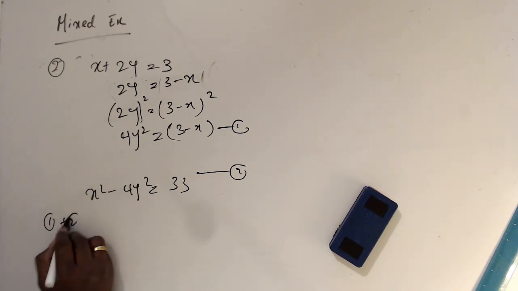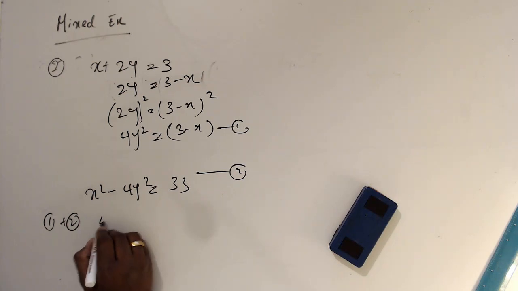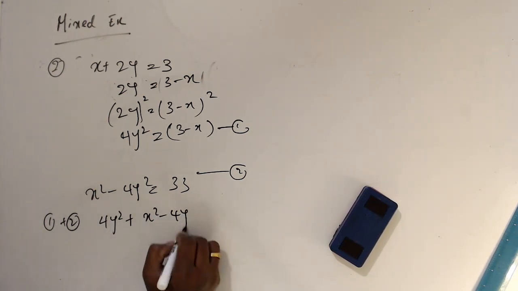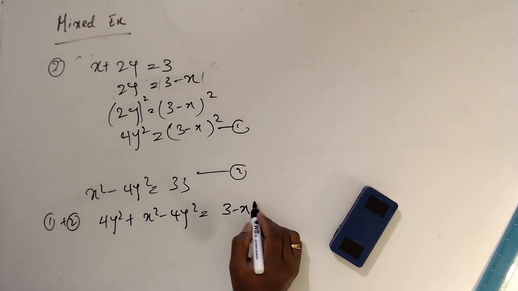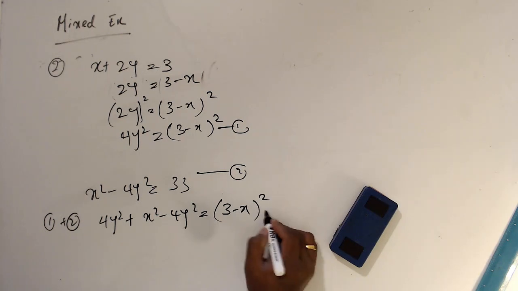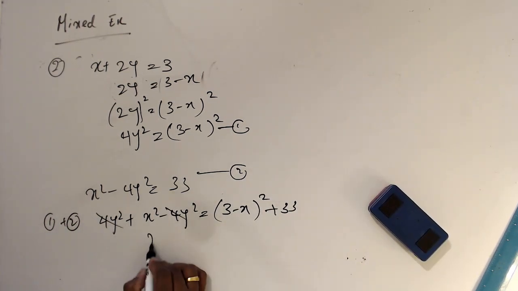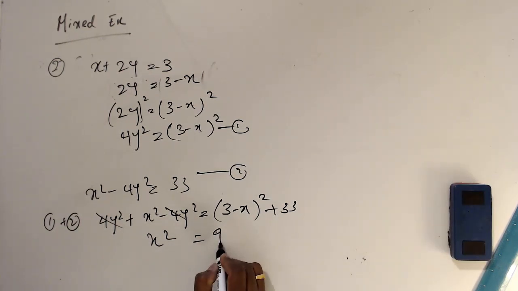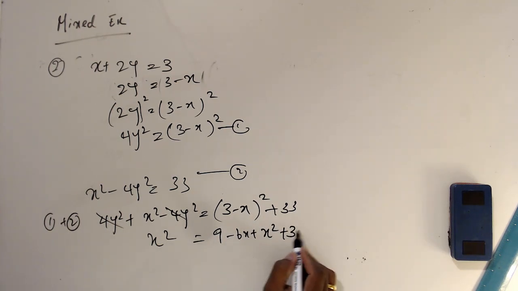Adding 1 plus 2: 4y squared plus x squared equals (3 minus x) squared plus 33. Now I want to expand this one: 9 minus 6x plus x squared plus 33.